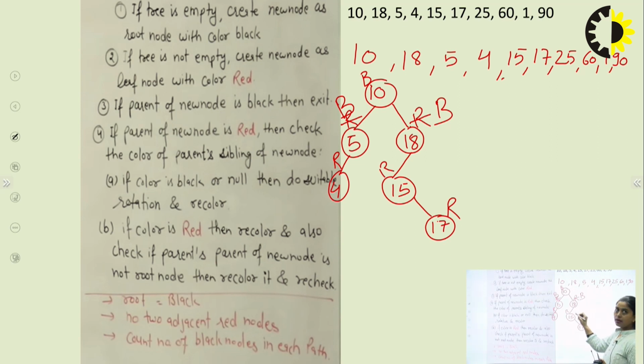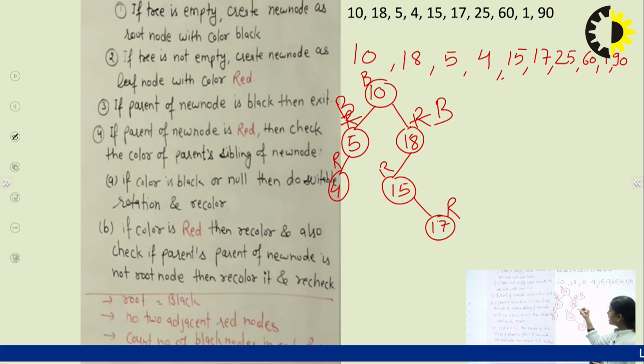So here the rotation is from left to right, meaning LR rotation. What is the solution of LR rotation? First we are going to do a left rotate, and after that the right rotate.